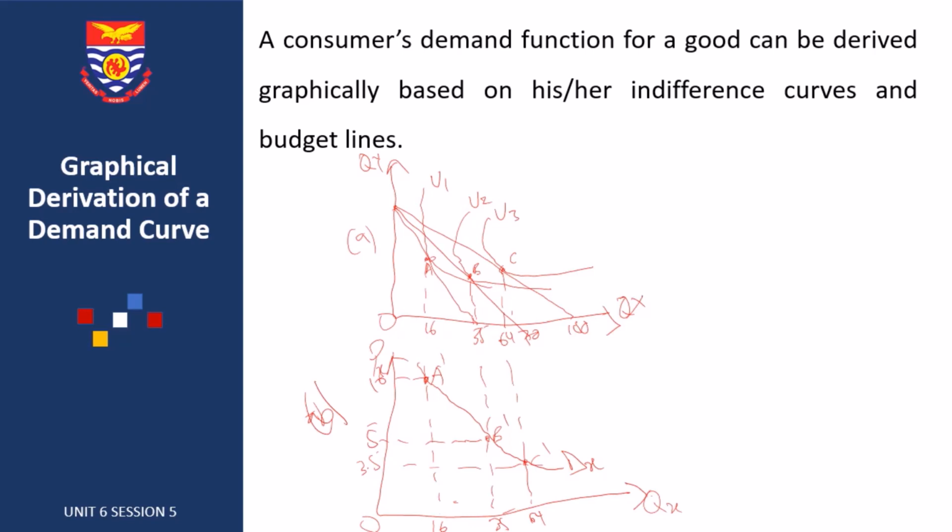Under these conditions, the consumer could acquire 35 units of X or 70 units of Y or a combination thereof, as we have illustrated by the lower budget line. Okay, that is the first one.